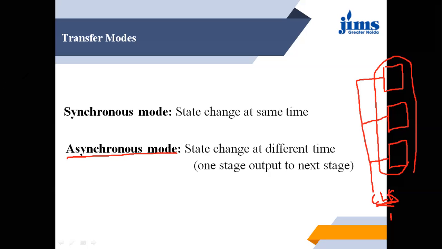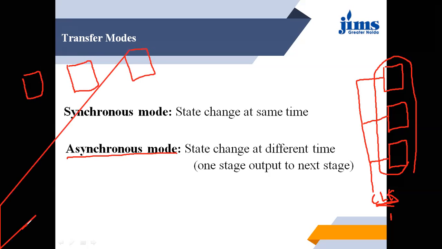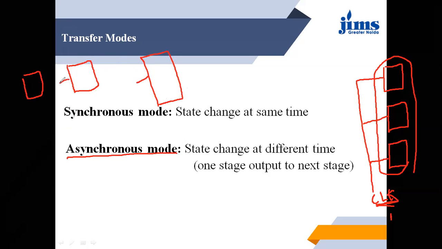same time. It means suppose this is one flip flop, this is second flip flop, this is third flip flop, and these are the clock pulses of these flip flops.